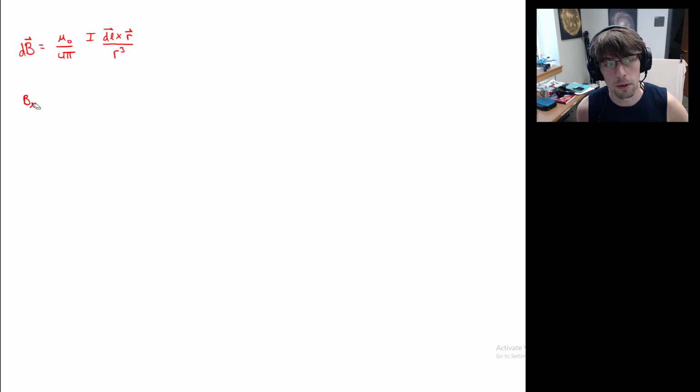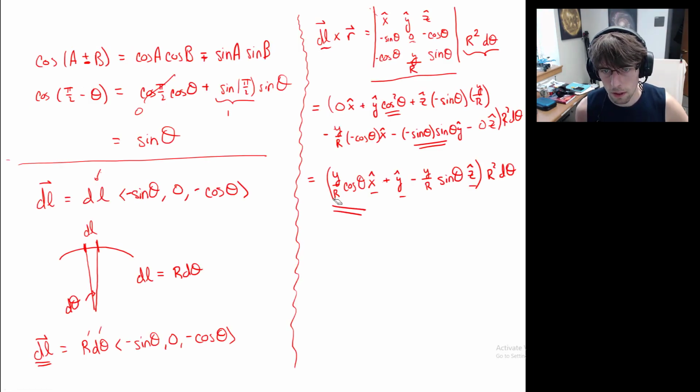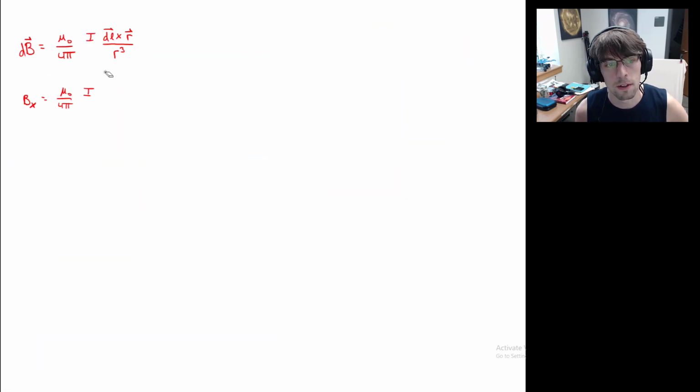For the x component, I have mu naught over 4 pi I, and let's look at the x component: y over r cosine of theta. So I have y over r cosine of theta, and then I still have this magnitude sitting down there: cosine of theta over r cubed.